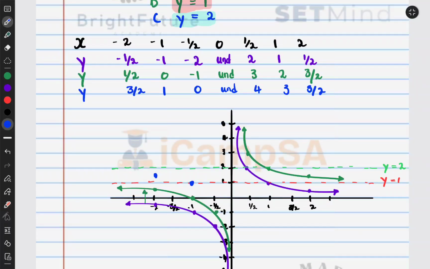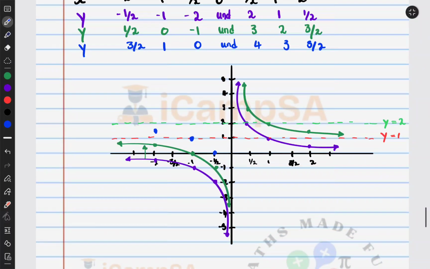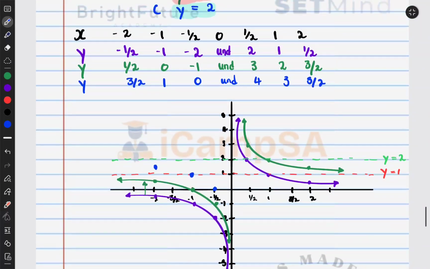Hopefully you are paying attention that this is the asymptote here, not the other one, not the red one. Okay, and then we have negative half and 0, and then we approach the y-axis but never touch it.